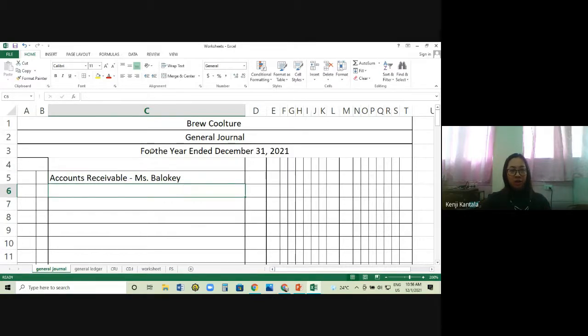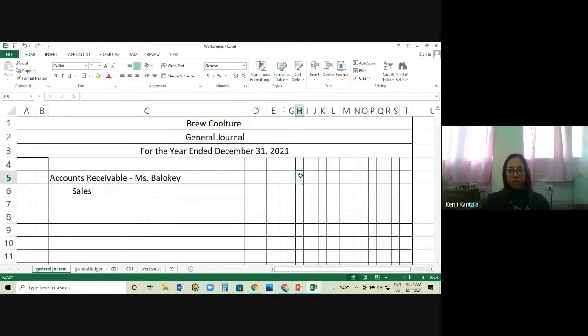Okay, so after that, we record a credit to sales. As mentioned, in your basic accounting, the credit should be indented, so there is a difference of even just one tab from the accounts receivable line. So we have here accounts receivable and then credit to sales.